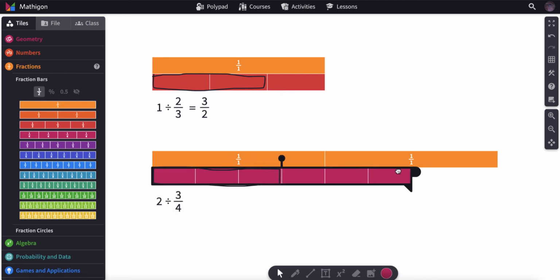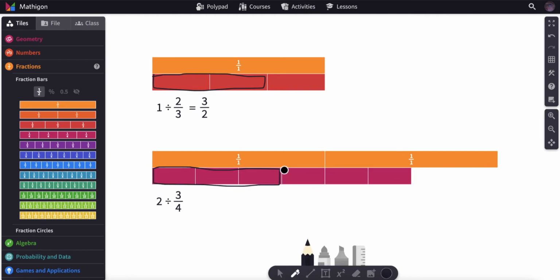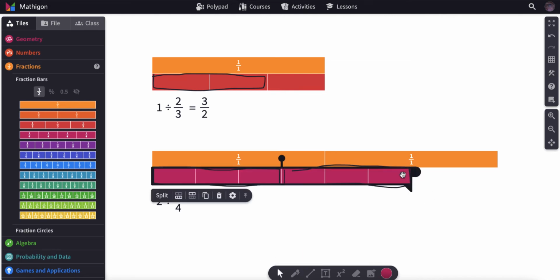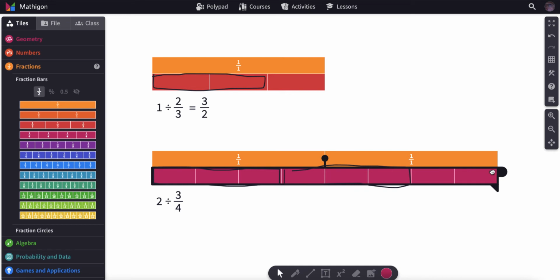And so we can see that there's 2 of the whole pieces that fit in there. And if we go some more, you can see that it's not a full piece.